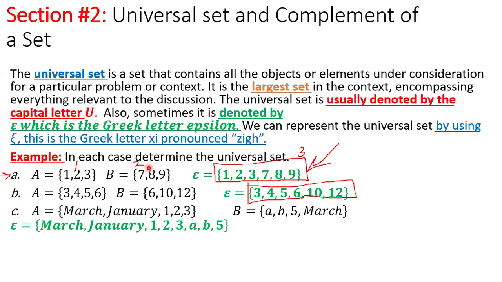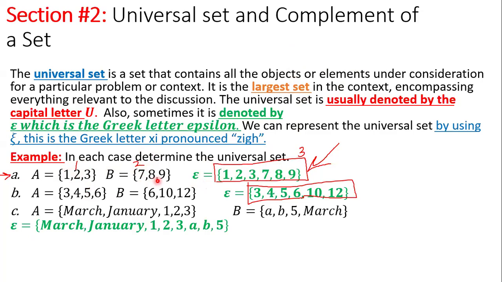Out of this one and this one, which one is the biggest? The universal set. Very good. The universal set is always the biggest one. So this one is the biggest: 1, 2, 3, 7, 8, 9. And it contains all of the elements in question, all of the elements in A and all of the elements in B.